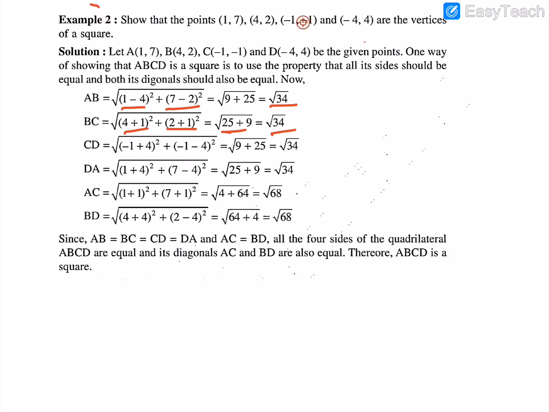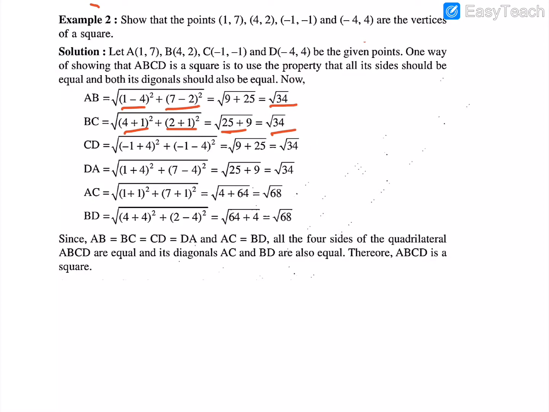So AC: 1 minus of minus 1, 1 plus 1 whole square, and 7 minus of minus 1, 7 plus 1 whole square, that is root 68. Similarly BD: 4 minus of minus 4, 4 plus 4 whole square, 2 minus of minus 4, 2 plus 4 whole square, that is root 68. So diagonals are equal and all 4 sides are equal, so we can say this is a square.